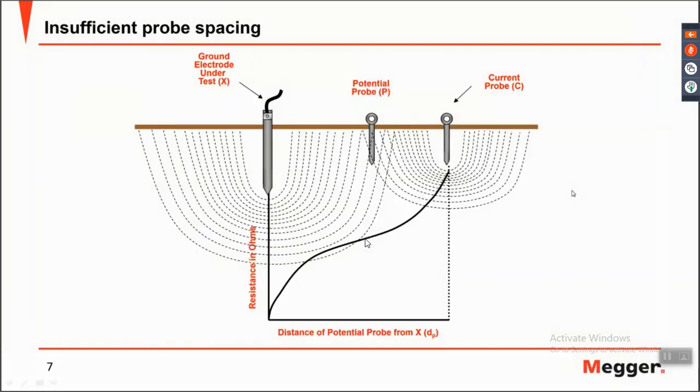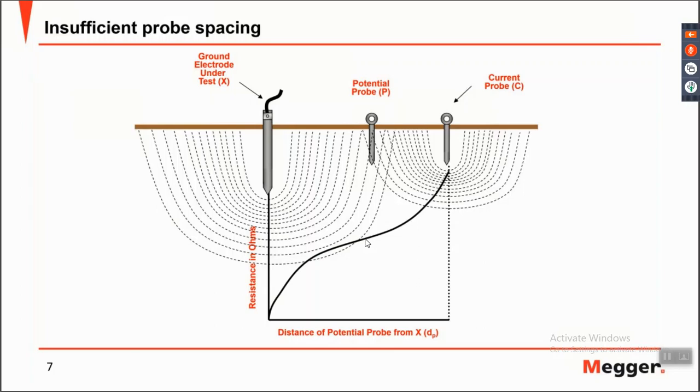Okay, next. You need to avoid this condition. In case the potential rod is placed too close to the electrode under test, then interference of the electrical field will happen, and there will be overlap between both electrodes. So on this condition, you will not get the true or correct measurement.